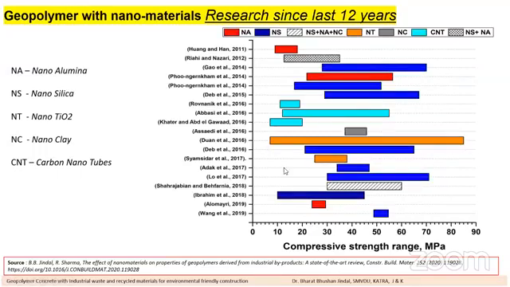So the wrong perception that geopolymer will not gain compressive strength is clearly refuted; you can develop compressive strength even up to 90 MPa.